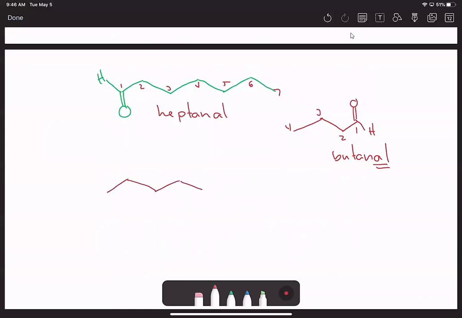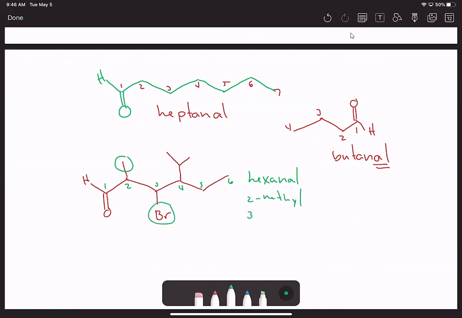All right. So I know where carbon number 1 is, and I'm just going to go ahead and number this. So we know that it's hexanal. On carbon number 2, there's a methyl.